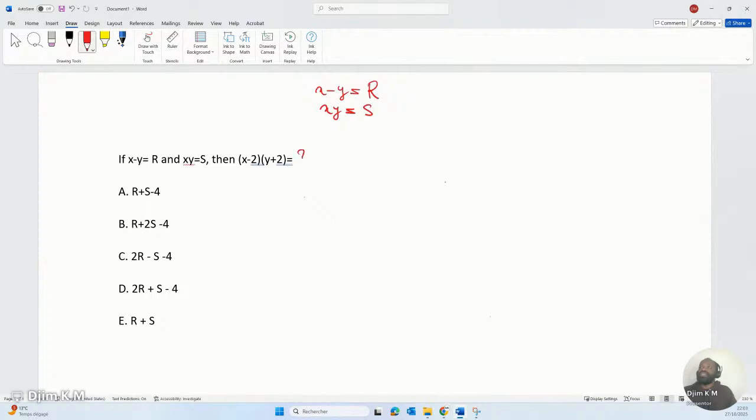Then what is x minus 2 times y plus 2? So this is xy plus 2x minus 2y minus 4.